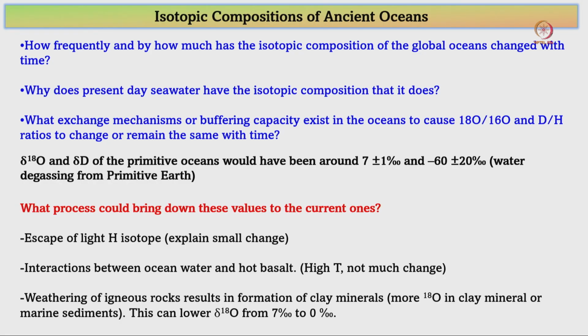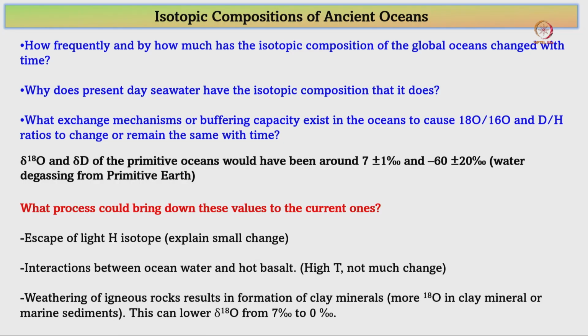What kind of processes lead to the formation of the composition that we see today, that is 0 parts per mil? What exchange mechanisms or what other buffering processes exist in the oceans that will cause the ratio to remain the same?